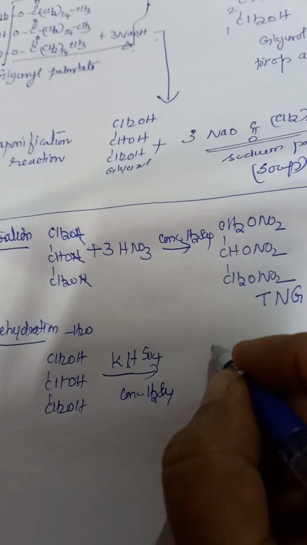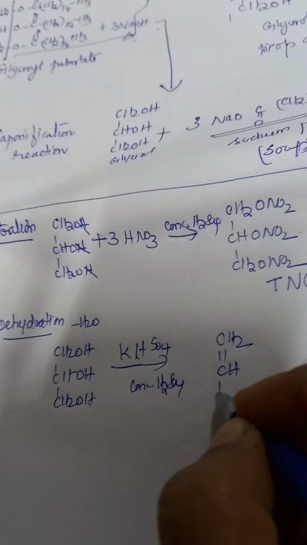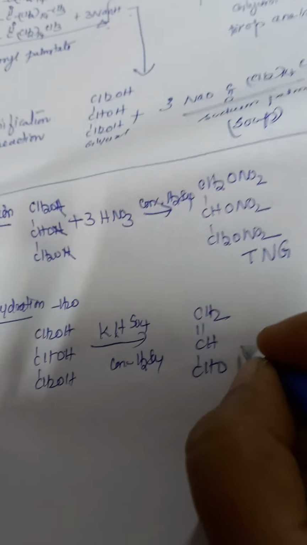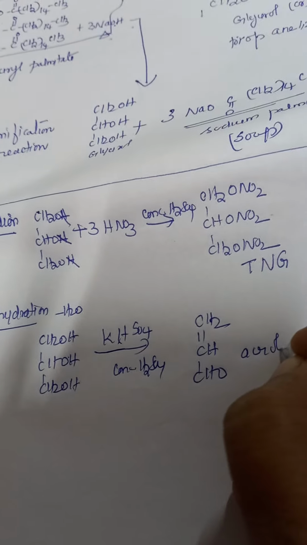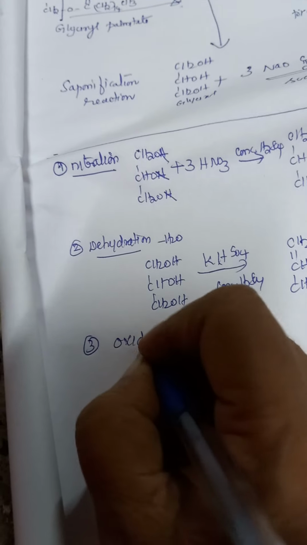So the product is CH2=CH-CHO. This is called acrolein.